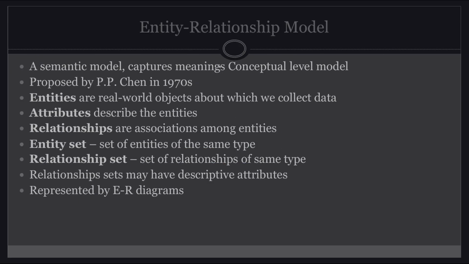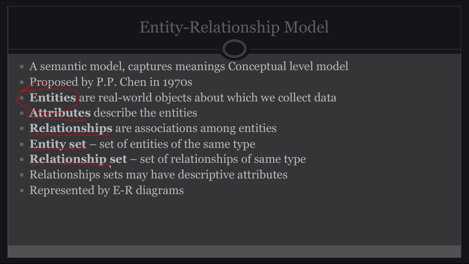Moving on to the entity relationship model, you have entities, which are the real-world objects about which we're collecting the data, and each of those has certain attributes. And there are relationships between the entities. The entities of similar types are grouped into entity sets.